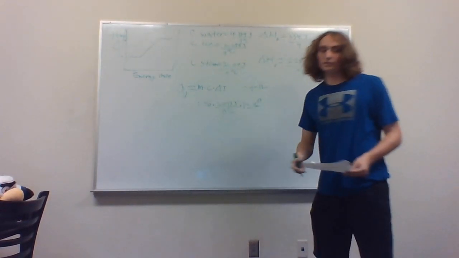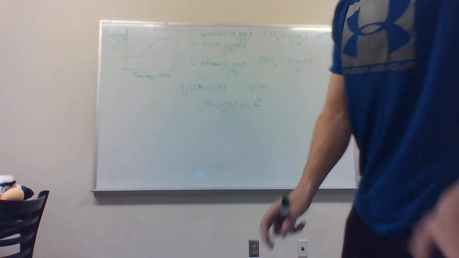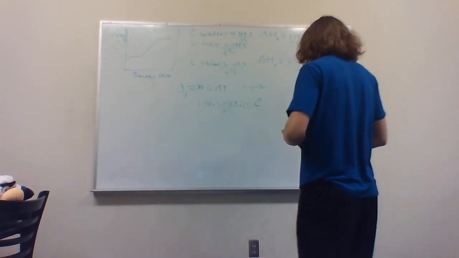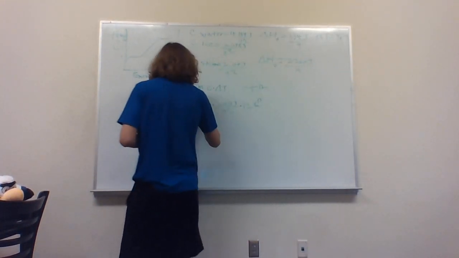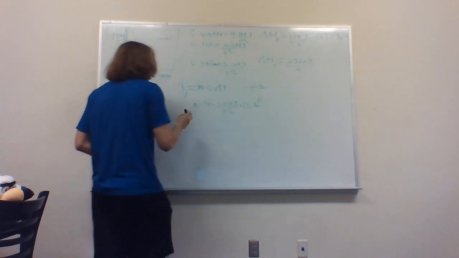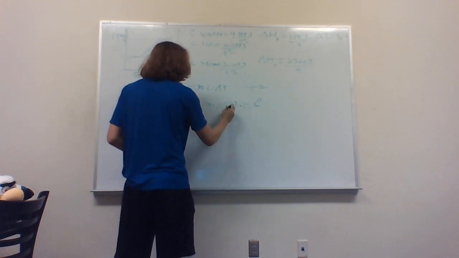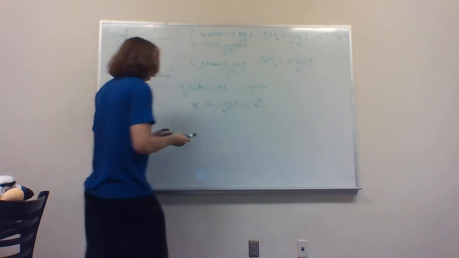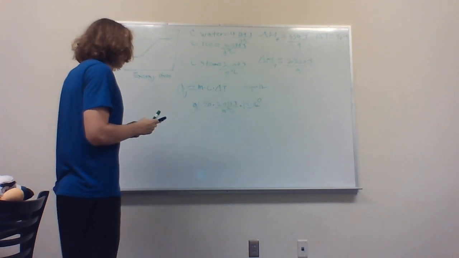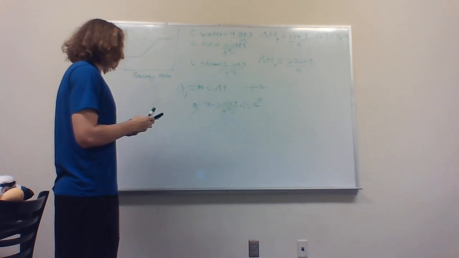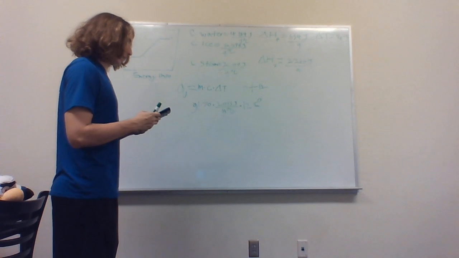Anyway, I'm just going to plug this into our calculator. And oops, I forgot to write my unit right here. Anyway, so the grams will cancel out, Celsius cancels out. We're left with 1.7 times 2.093 joules times 12.